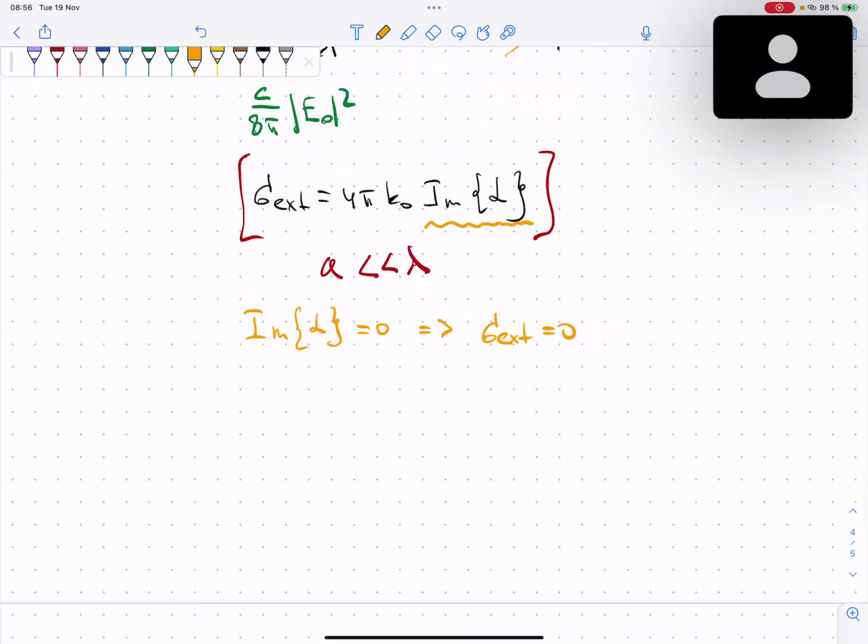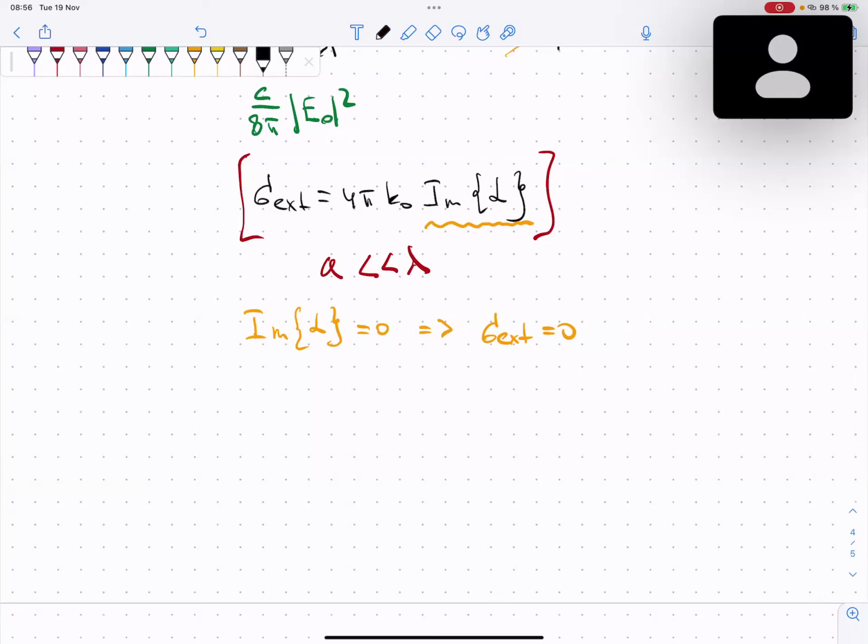So this particle does not interact with the incident field in any way. Basically, the incident field doesn't feel this particle at all. But there are some nuances about the polarizability, which I will show you a little bit later.